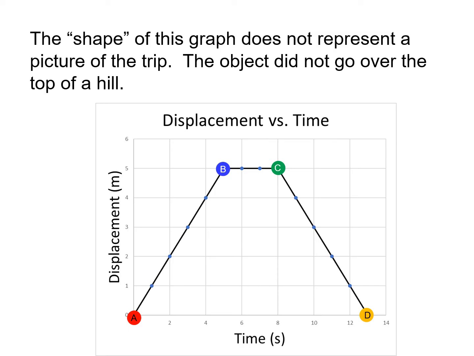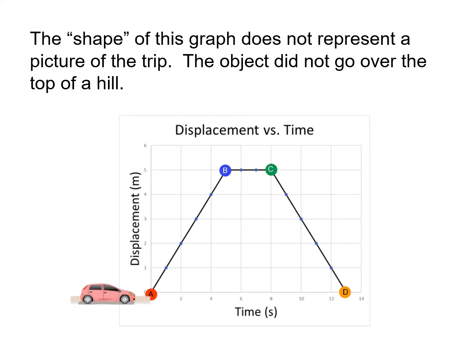Now, sometimes when people start seeing graphs like this, they get confused and think that somehow this represents a picture of the trip. But the object did not go over the top of a hill. This is not what the graph represents.